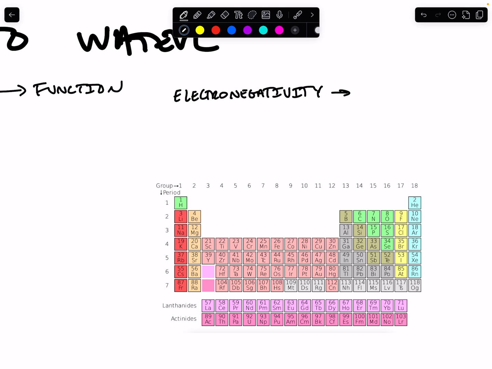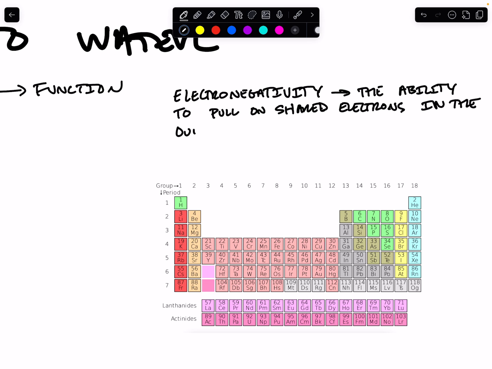Electronegativity is the ability to pull on nearby electrons. Or I should say pull on shared electrons in the outer valence shell.